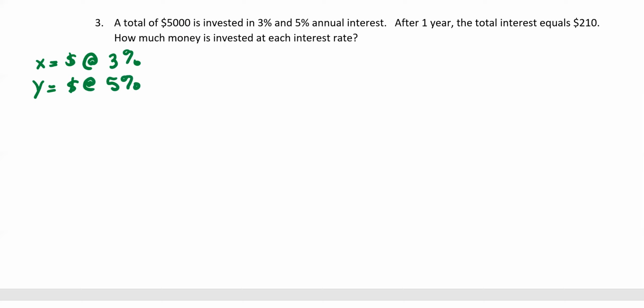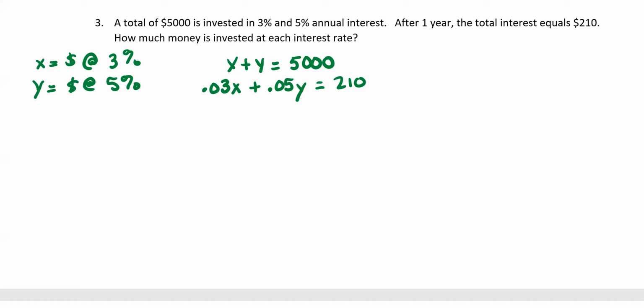We know that we invested a total amount of money of $5,000, and we're going to take the interest rate times the amount of money invested in it plus the interest rate times the amount of money invested at that interest rate, and the interest plus interest has to equal total interest.